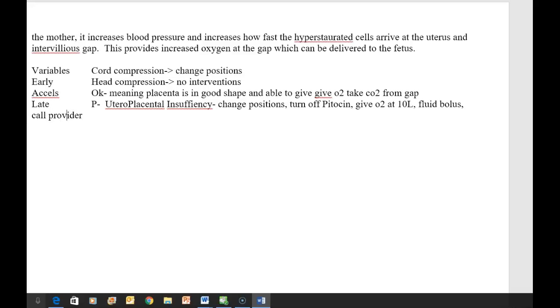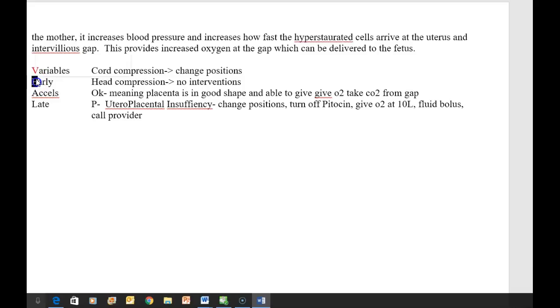And you're going to call the provider whether you repair this or if you don't. Obviously, if you don't repair this, then we're super concerned that we may have to have a C-section.